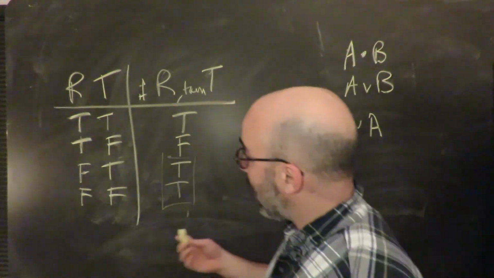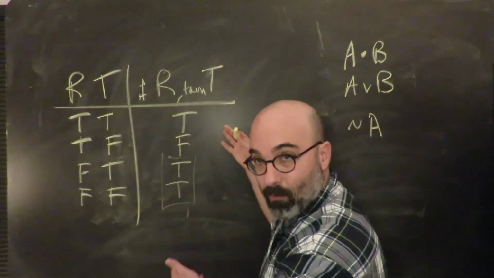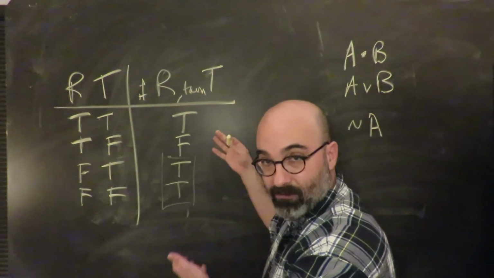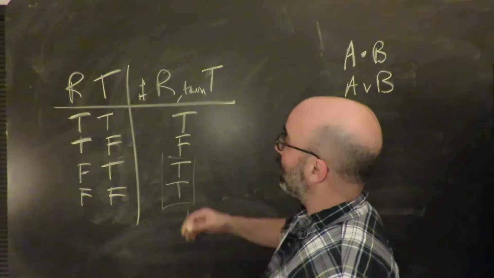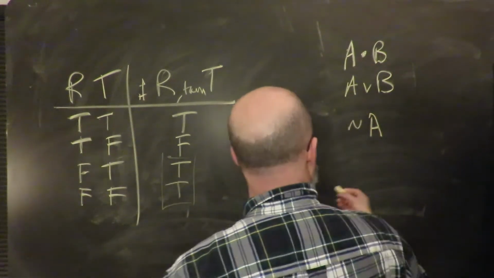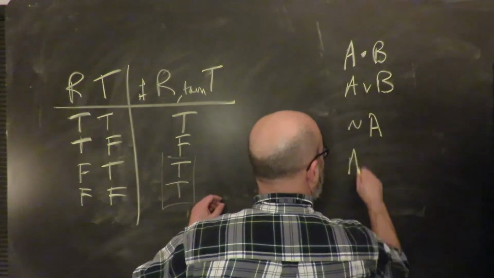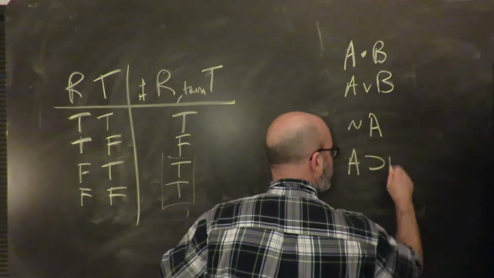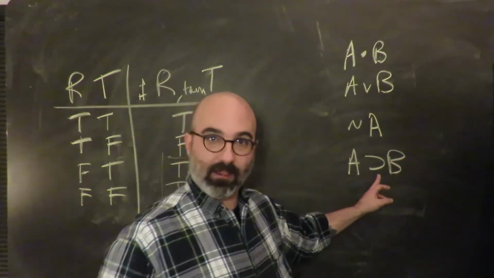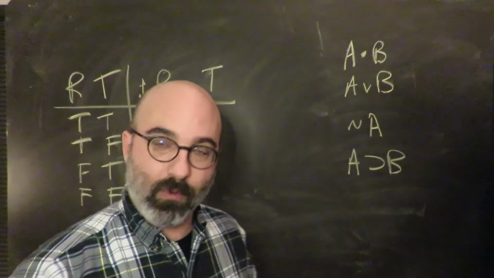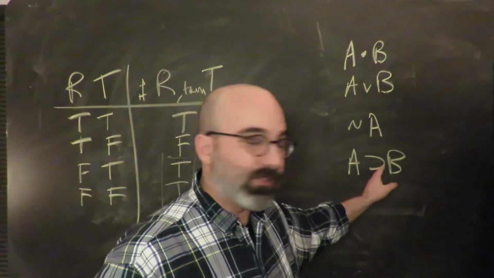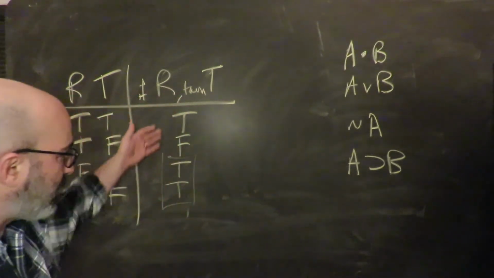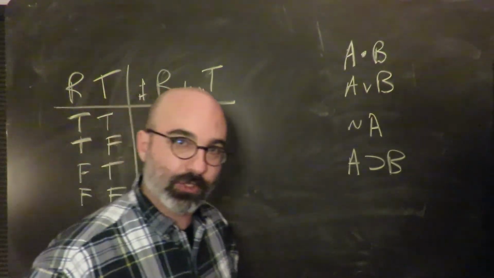So, now that we've got that, we have a representation of the semantics of the truth functional features of the conditional. How are we going to represent it? We're going to represent it with a horseshoe. And what's important about that little horseshoe is that it is semantically bound by this truth table, the truth table of the material conditional.